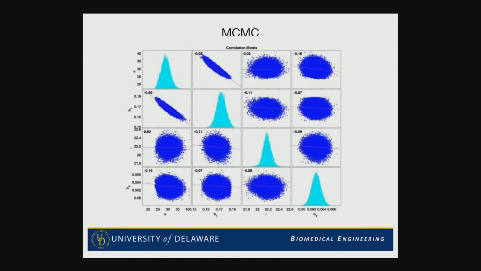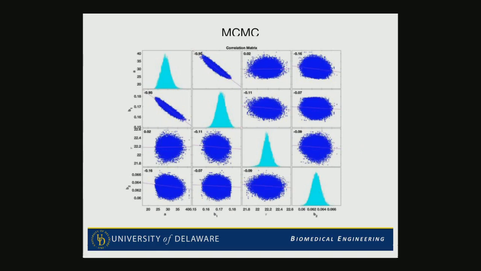But the rest of the parameters are nicely uncorrelated, and we're able to compute confidence intervals from looking at these distributions. So those are our 95% confidence intervals, and we can figure out when it switched. These are the ones we really care about. This is when it switched. And these two are how fast it was growing before and after the switch.